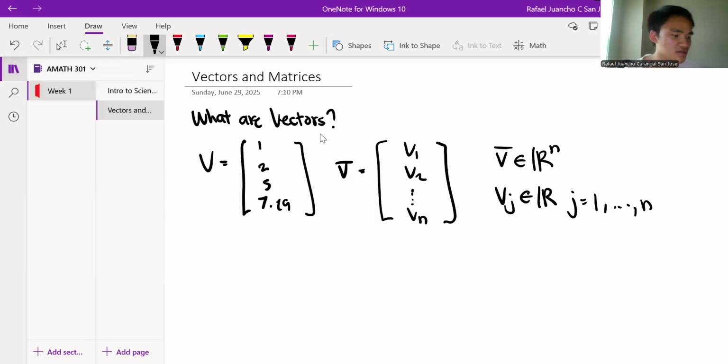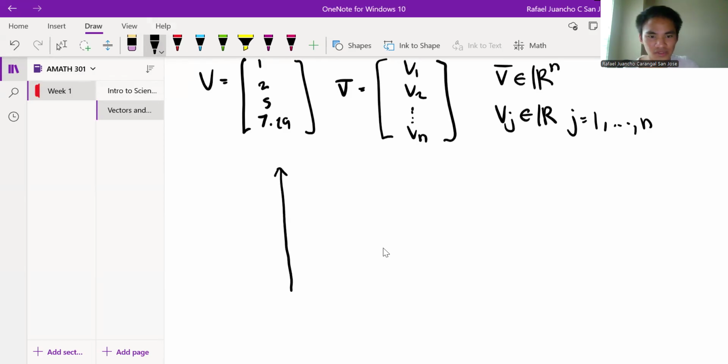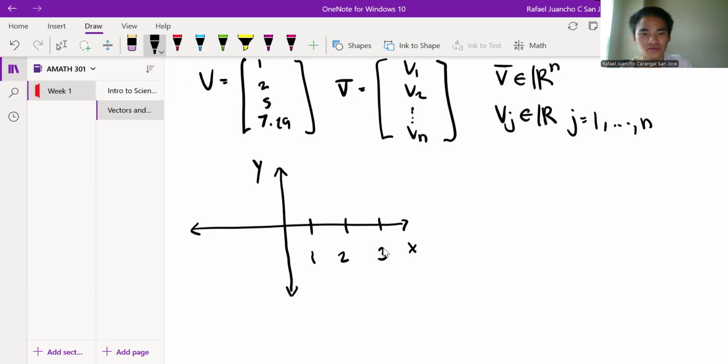Okay. And actually, we can denote vectors geometrically. A way to denote them geometrically is we can graph an xy plane. And we have some values here. So let's say this is 1, 2, 3, and 1, 2, 3. Let's put the y above-ish.